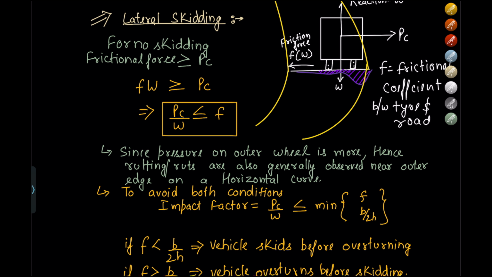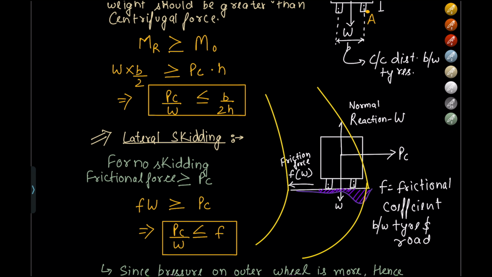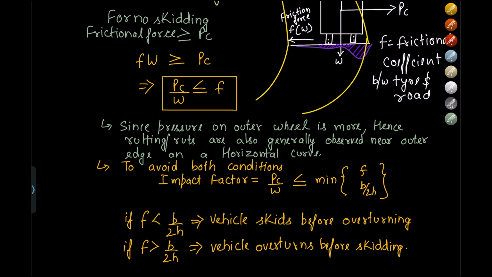So F into W should be greater than or equal to PC, and PC upon W should be less than or equal to F. These are the two conditions that need to be fulfilled for the vehicle to avoid overturning and avoid lateral skidding, right?